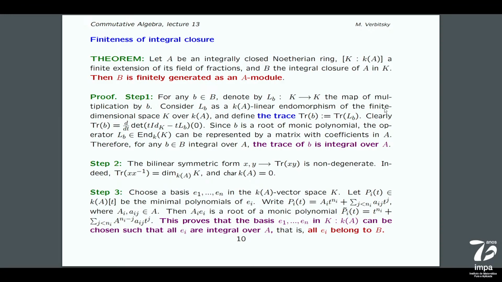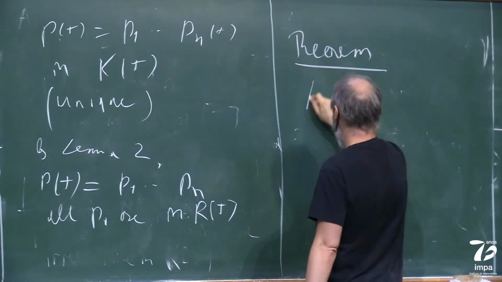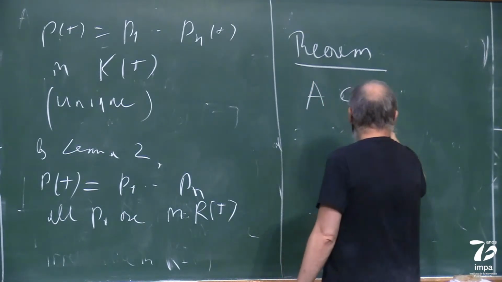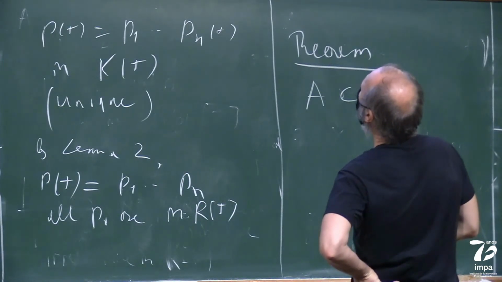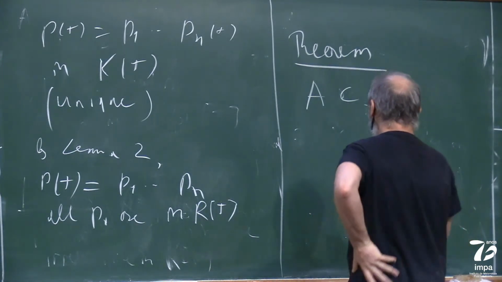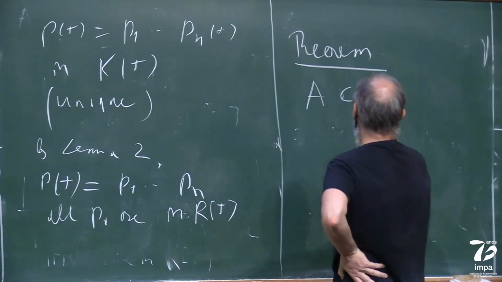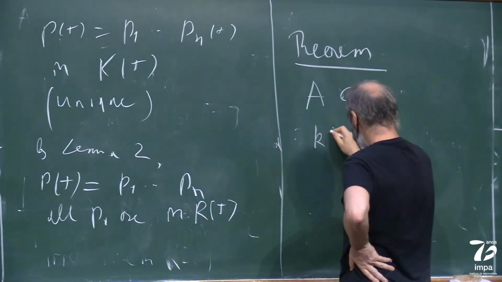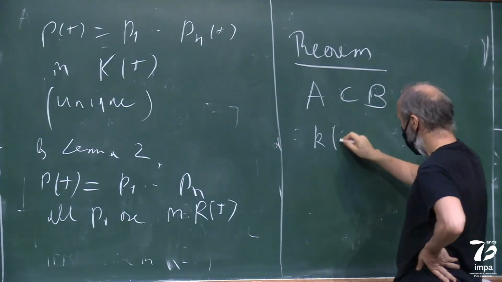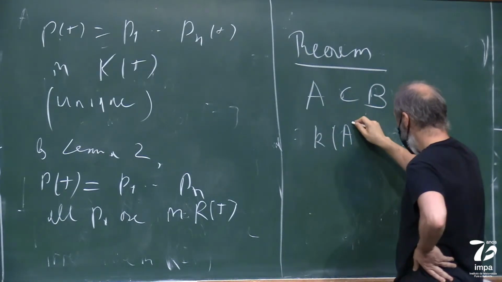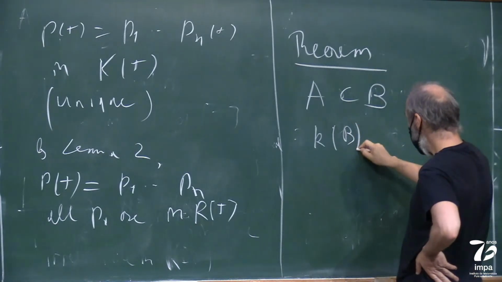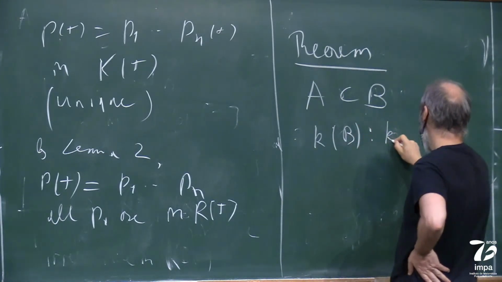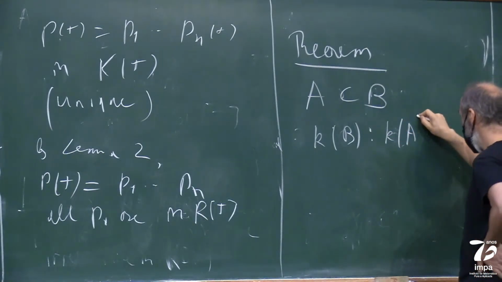So, theorem. Suppose you have A inside B. So A is a subring, and then the corresponding ring of fractions, K of A. Or you can consider K of B as an extension of K of A. It should be a finite extension.